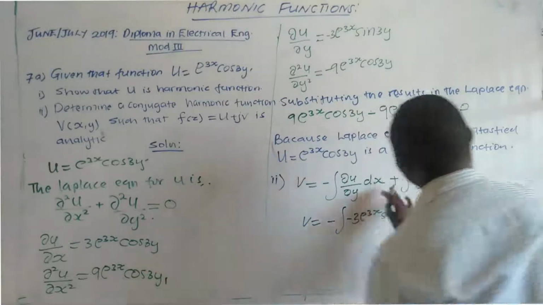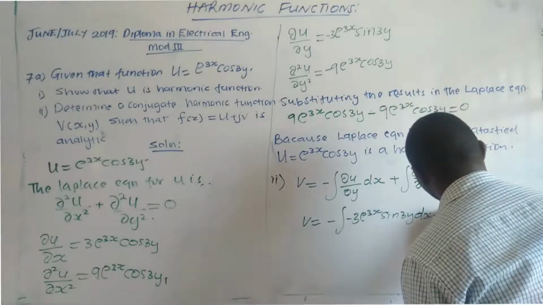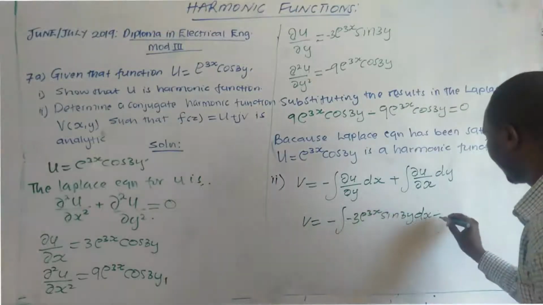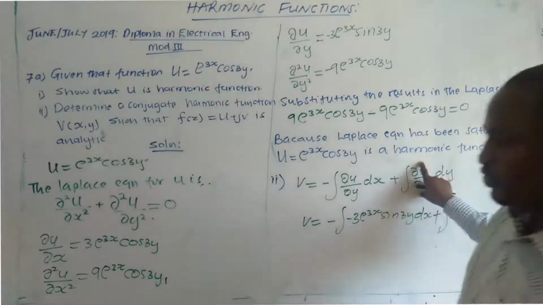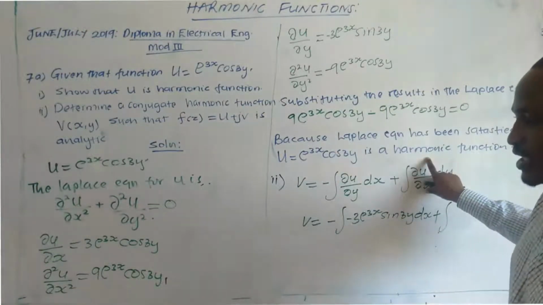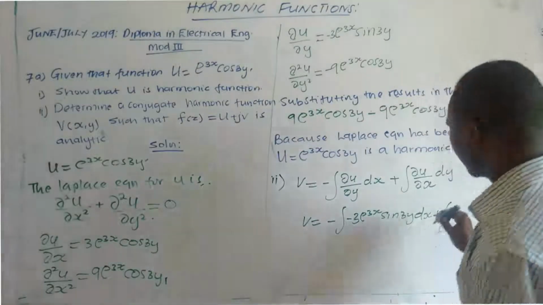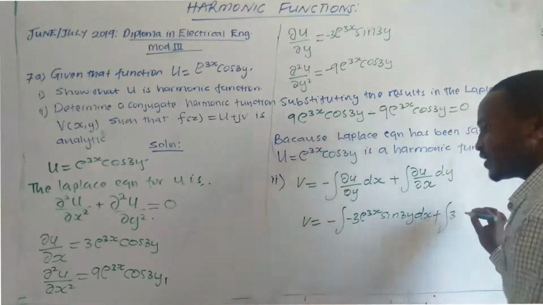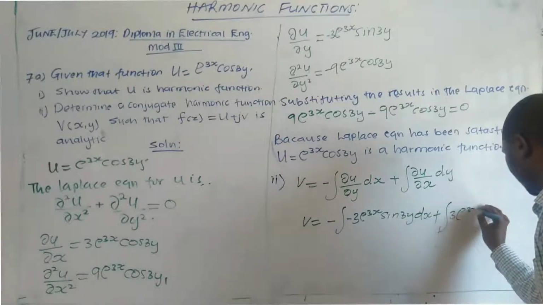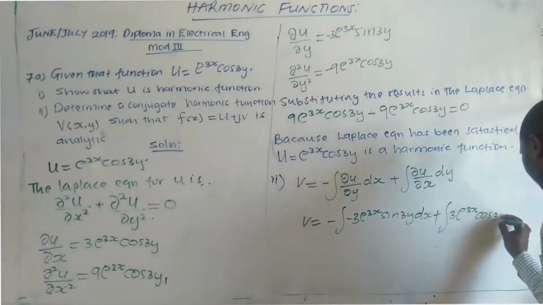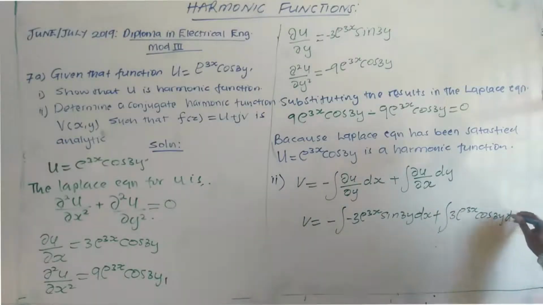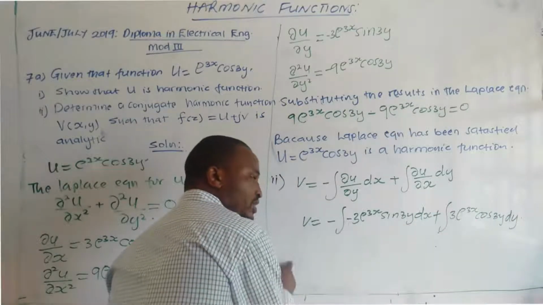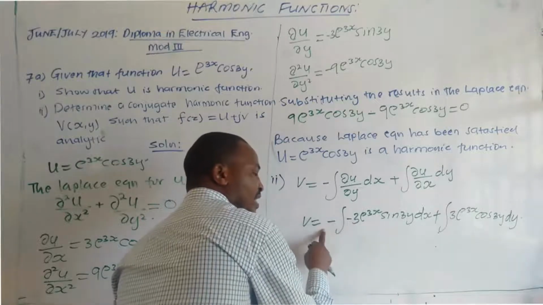I'm integrating with respect to x, plus the integral of the partial derivative of u with respect to x, which is 3 exponential 3x cosine of 3y, but this time we're integrating with respect to y. Notice these two negatives will multiply to give us a positive.